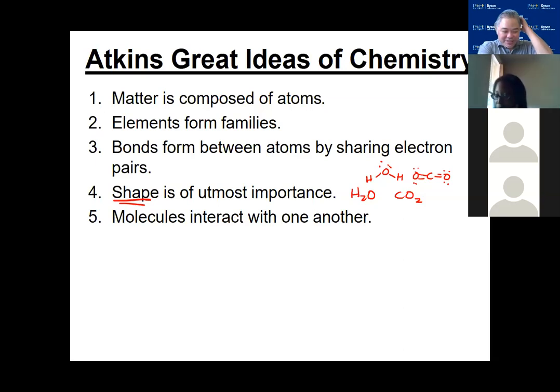Molecules interact with one another. Okay? So what does this mean? Molecules interact with one another. Usually these interactions can result in the formation of condensed matter. And once we have that, we will see the different properties.